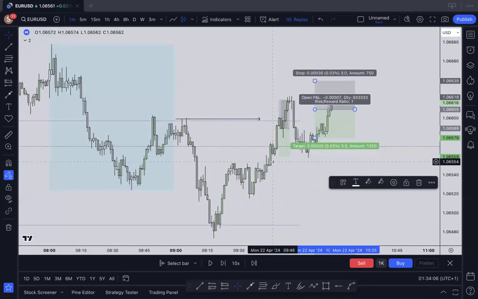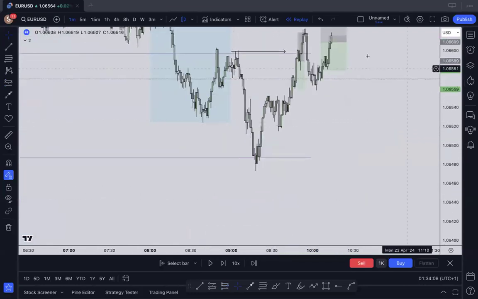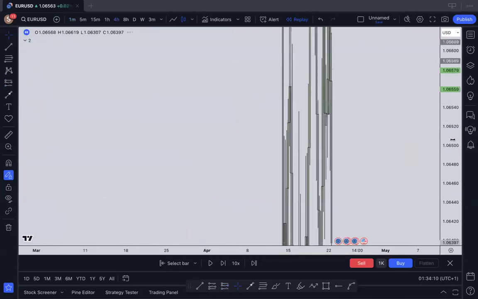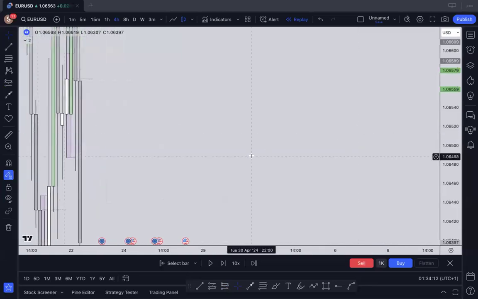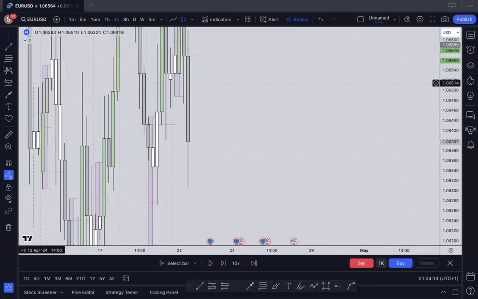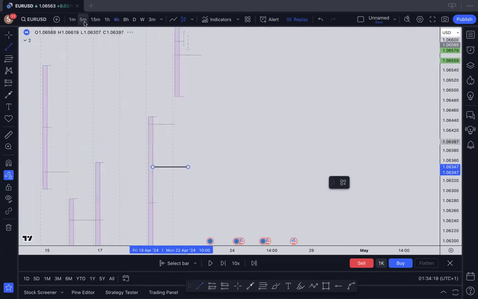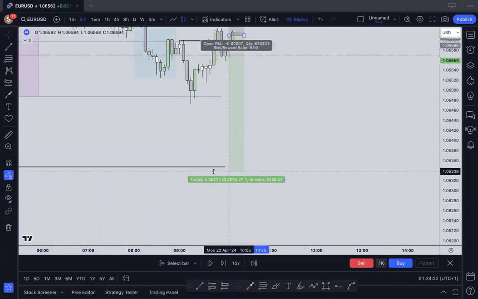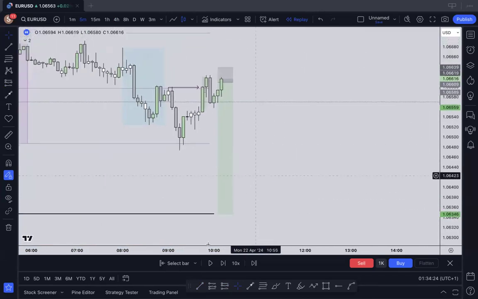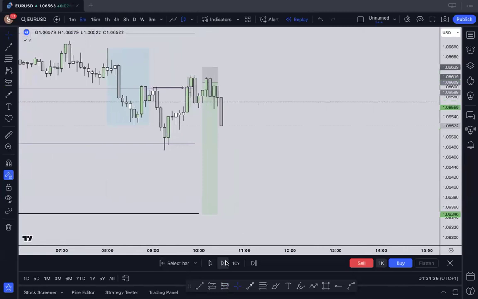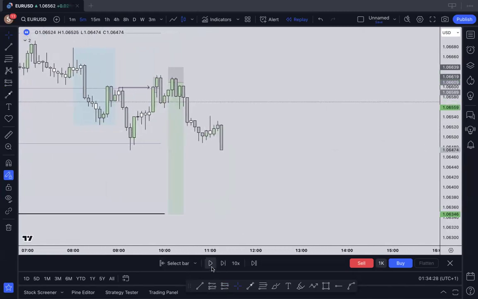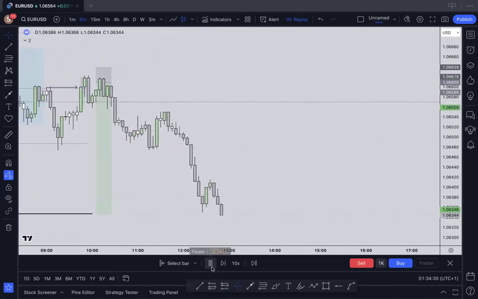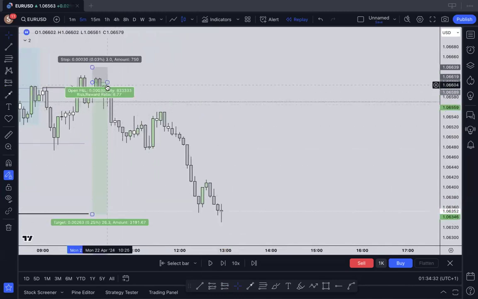Now, in terms of targets, where do we like to target? Well, we would obviously target the next H4 MSNR. And in this case, it would be here. Okay, so that down to there would be an ASAR trade. And as you can see, price ends up hitting that like so.